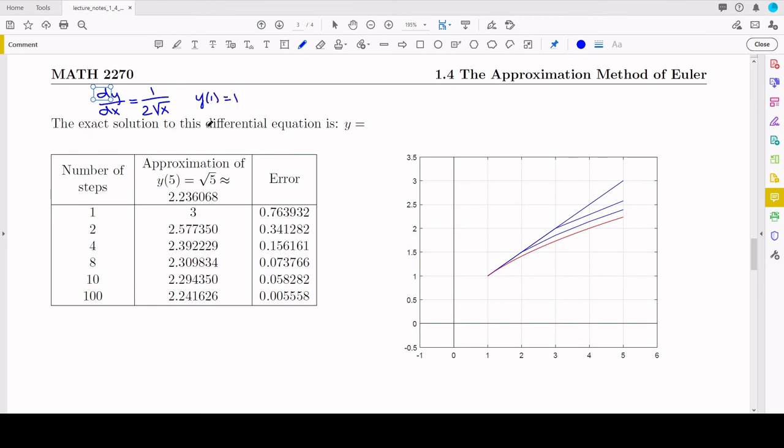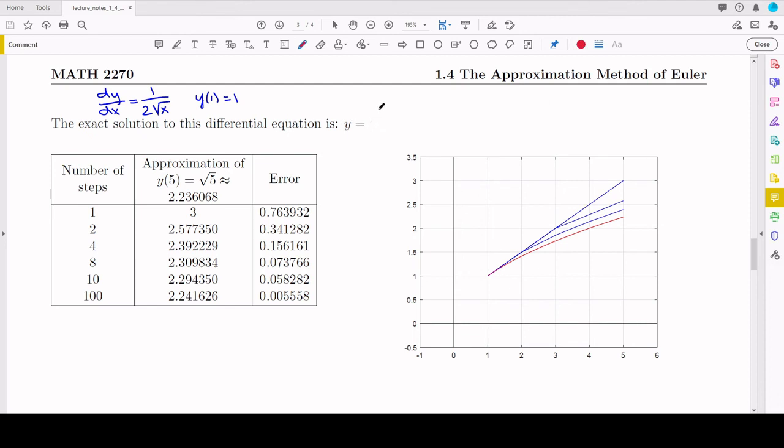Now, the exact solution to this differential equation can be found by integrating the right-hand side. So integrate the left-hand side, you get y, and then integrate the right-hand side, you'll know what y is. So let's do that.